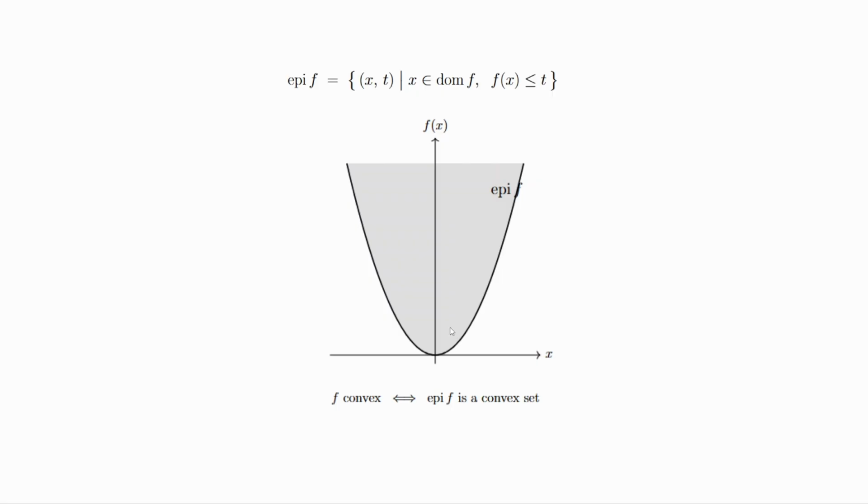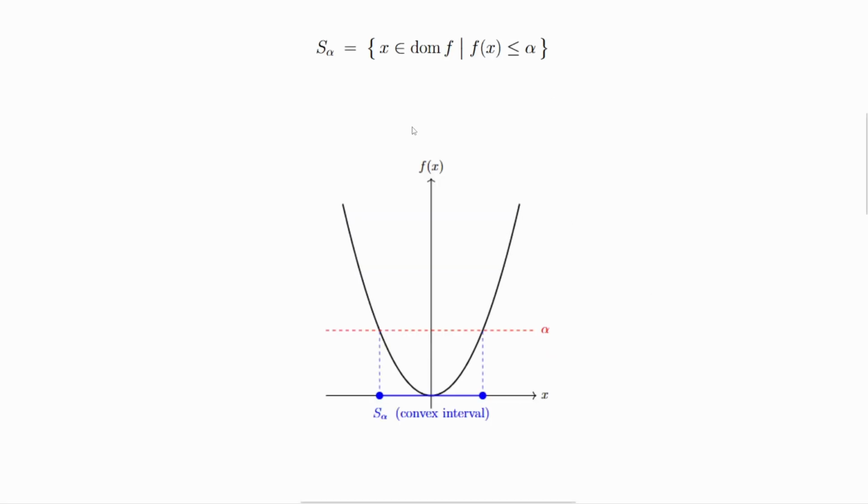But what if instead of looking above the graph, we look at horizontal slices through it? That is, we fix a threshold alpha, and we ask what are all the inputs x where f of x is at most alpha. So consider the following set.